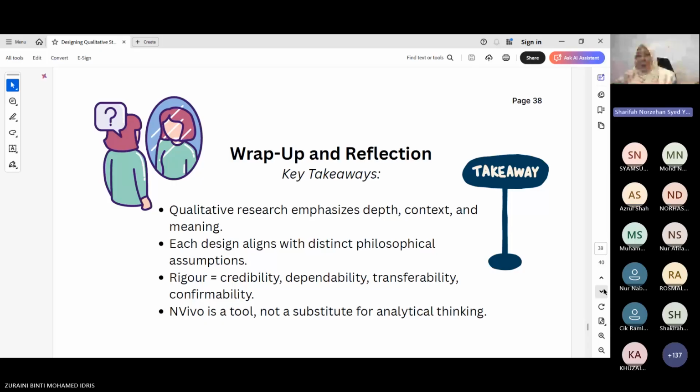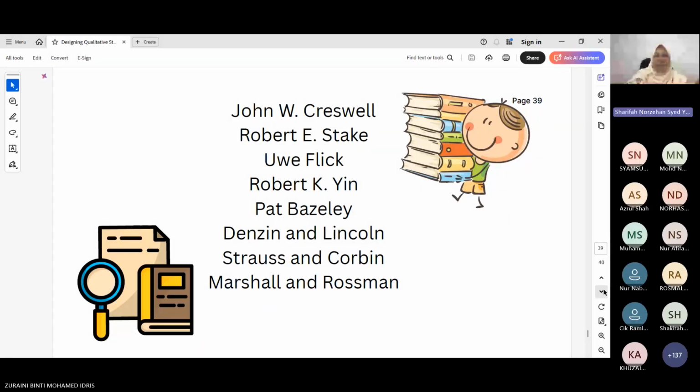Okay, there are several questions here. Maybe the next slide. Okay, these are basically some of the references that I normally use. At the end, I stick to Creswell, Yin, and then Pat Beasley. The rest is just to give me some picture about what qualitative is all about.